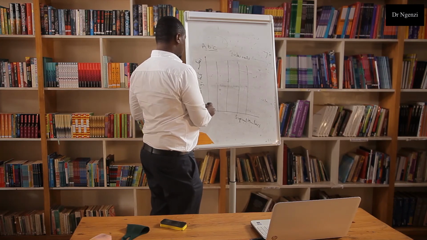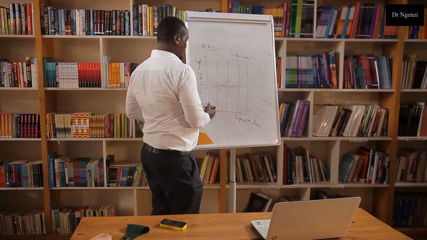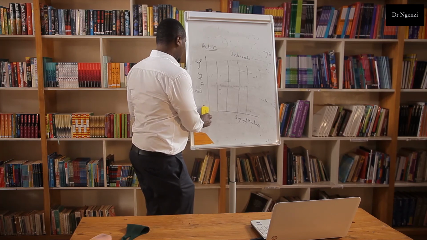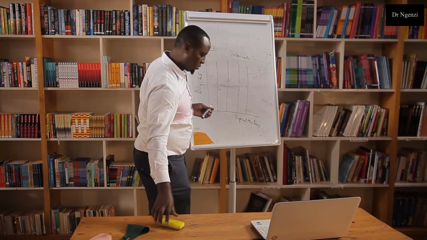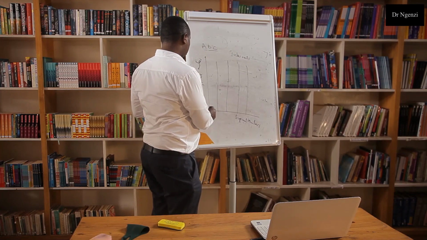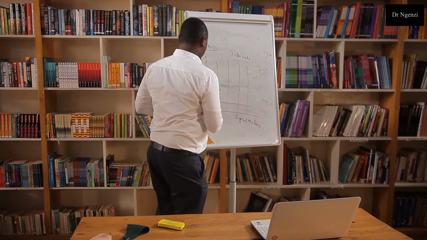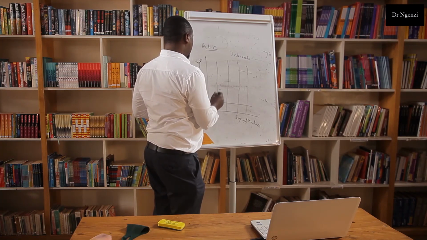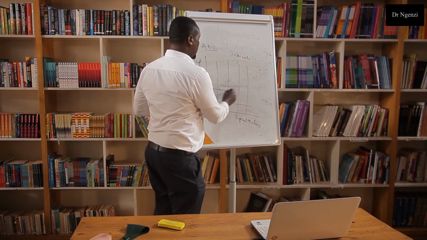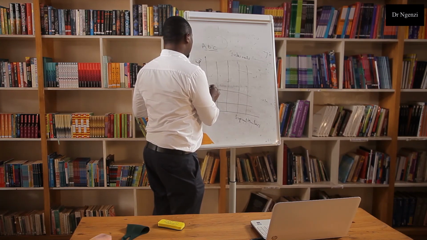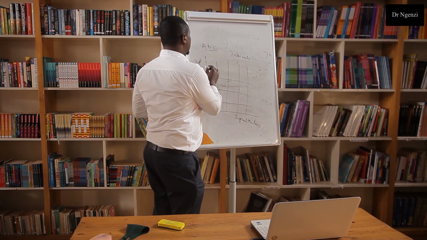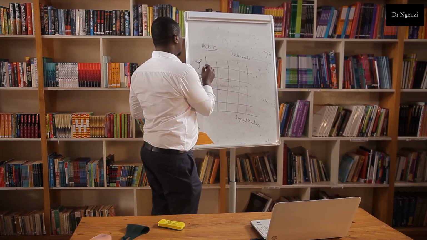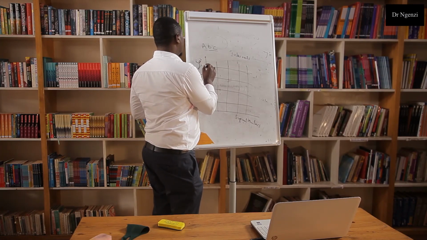For example, 0, 0, 0 at this stage. Then it goes to 0, 0, 1. That is number 1. Number 2. Number 3. Like that, and so on and so forth.